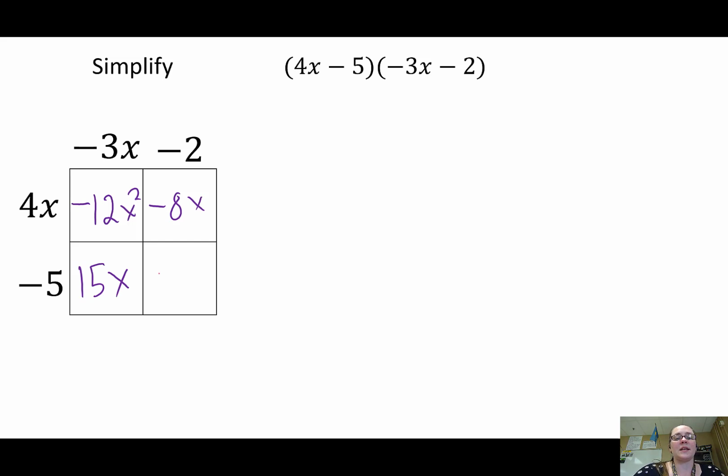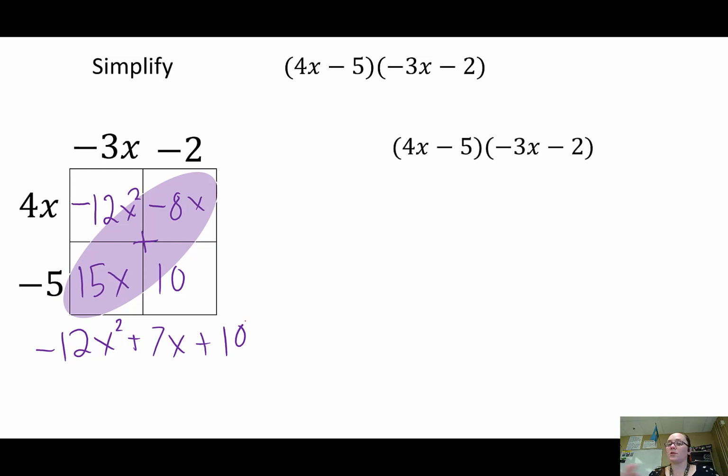And negative 5 times negative 2 is a positive 10. So combining my like terms along there, we're going to add them. And I get negative 12x squared plus 7x, 15 plus negative 8, plus 10.